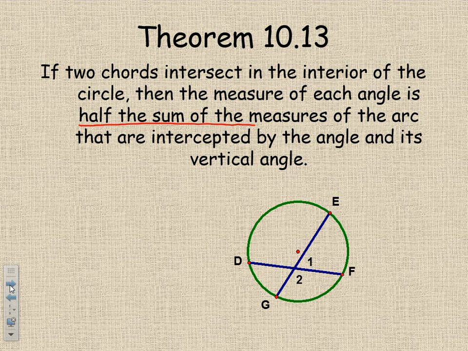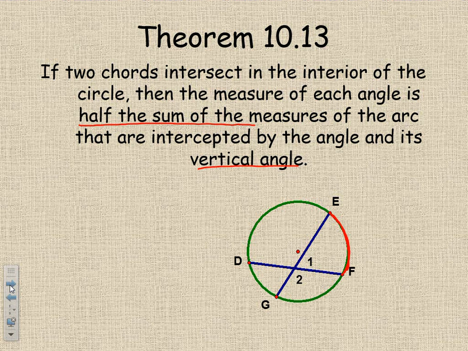So when I look for angle 1, I'm going to look at angle 1's arc. Okay, so angle 1's arc would be EF. That's what angle 1 is forming, or where angle 1 is coming from. Okay, but then it says that's going to be half of the sum of the arc that angle is coming from, and then its vertical angle.